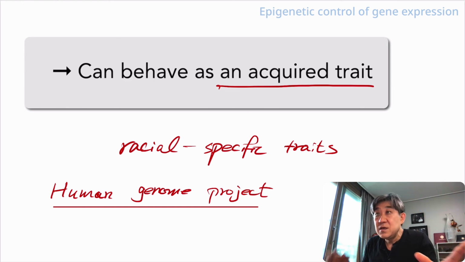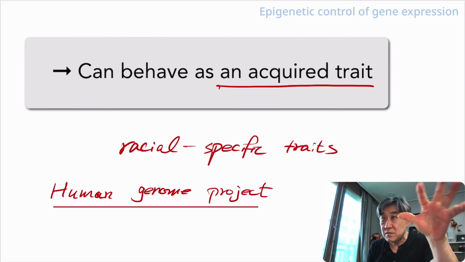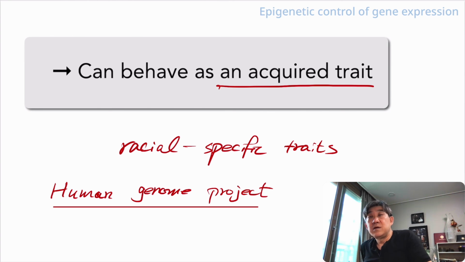Are there any specific DNA sequence variations which represent race specific characters?